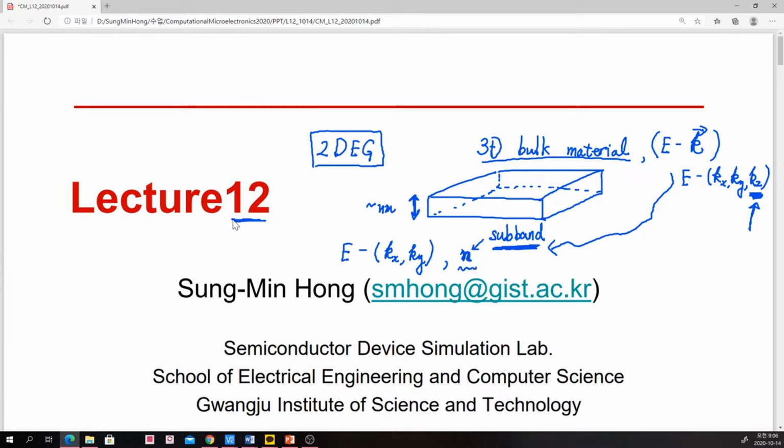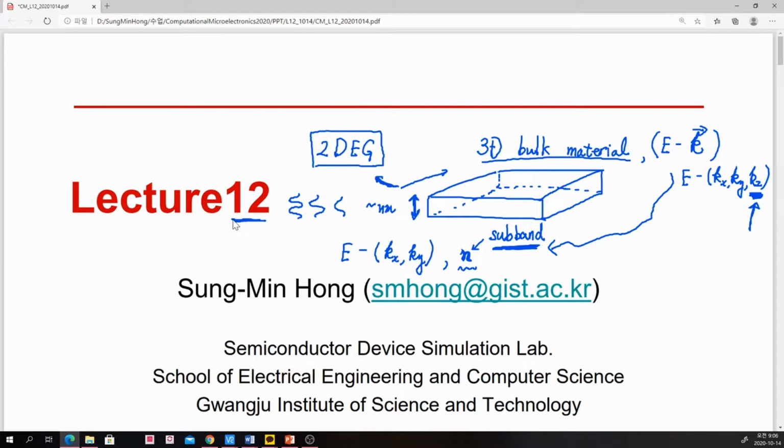For different subbands, we have different wave functions along the z direction. For example, this can be a possible example of our different subbands, and the motions along the x direction or y direction are described as those of a free electron.